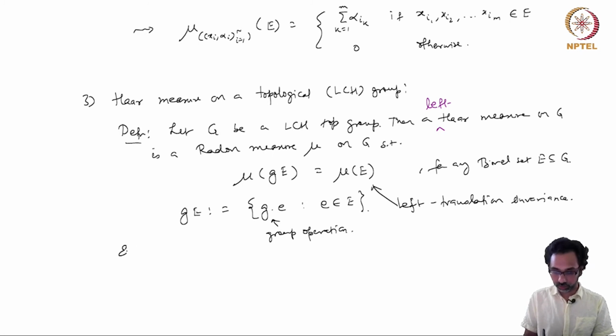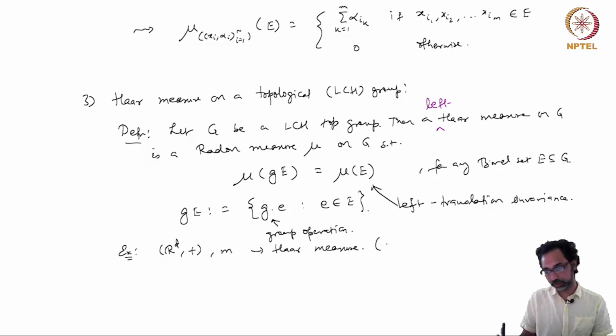So as an example, we have R^d, where R^d is taken as a topological group with the addition, with the Lebesgue measure m. This is a Haar measure, because m is translation invariant.